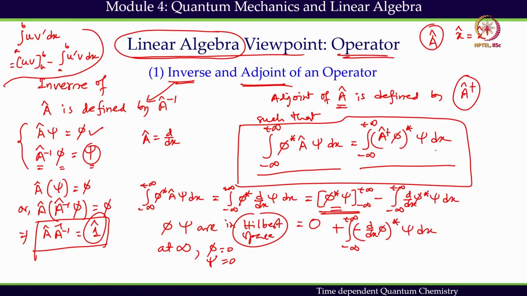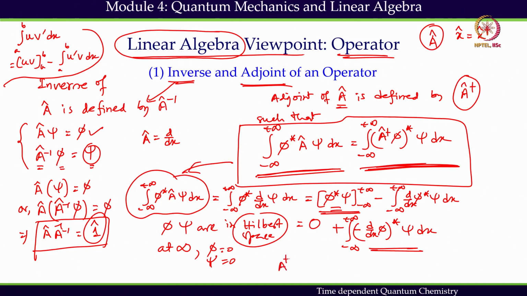I have now the relation fulfilled. This part is here and this part is here. But what is the difference right now? The adjoint a dagger of this operator is minus d dx. So what we see here is that if it is the derivative operator d dx, then A is not equal to its adjoint.